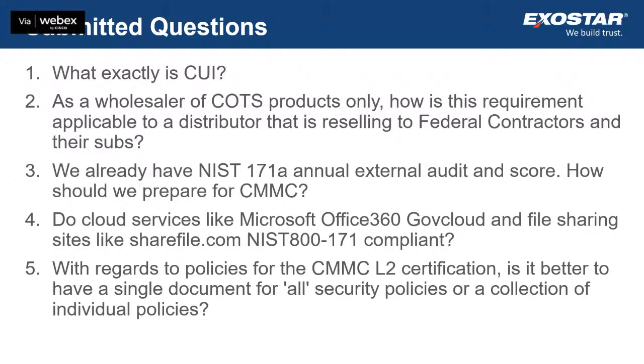So question 2: as a wholesaler of COTS products only, how is this requirement applicable to a distributor that is reselling to federal contractors and their subs? So remember, NIST 800-171 is what deals with controlled unclassified information. But there is a level 1 of CMMC, right, with those 19 controls that you have to have in place, because you may have federal contract information, or FCI.